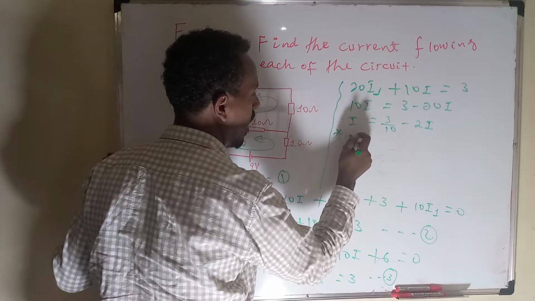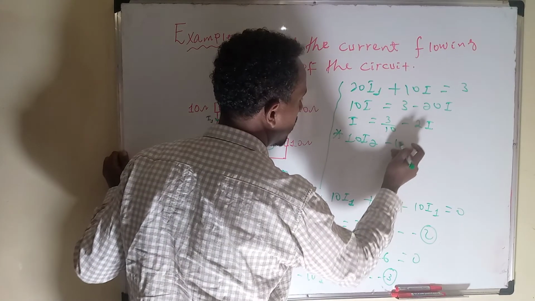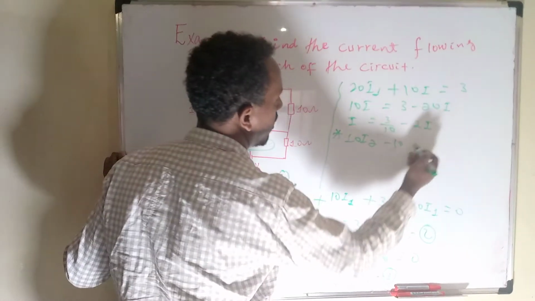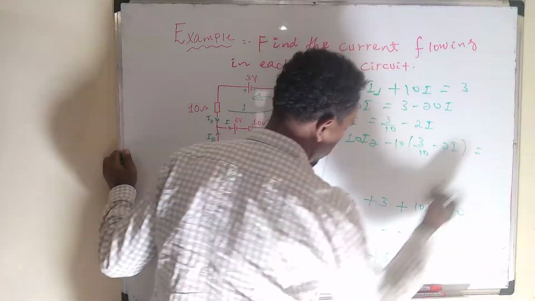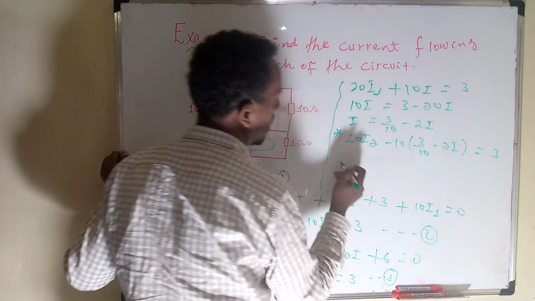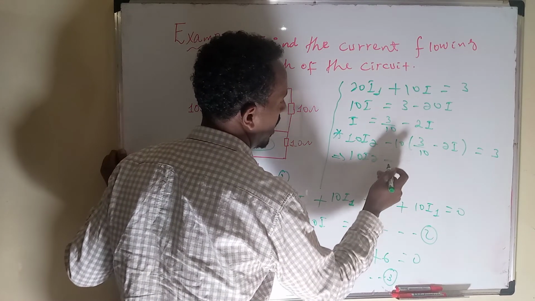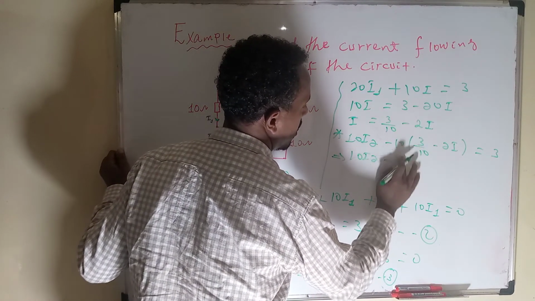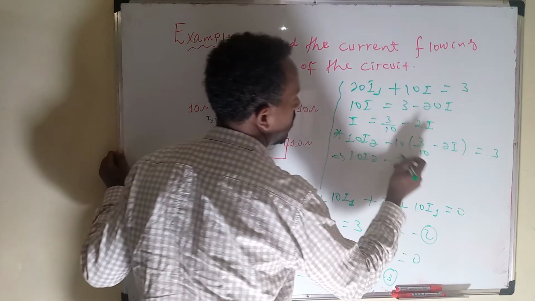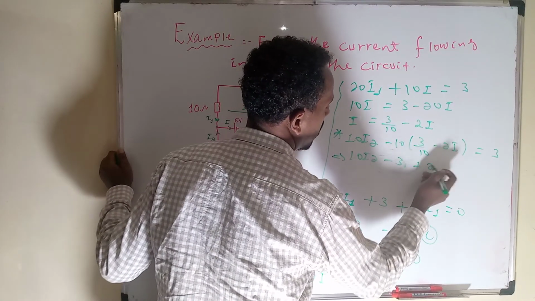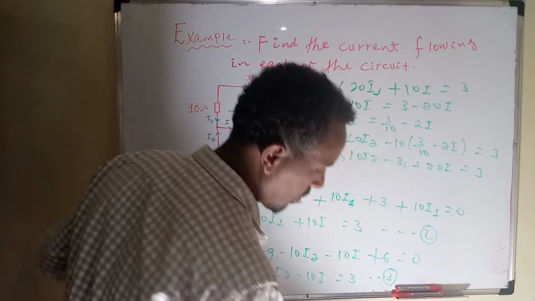Therefore 10I2, minus 10 instead of I, substitute 3 over 10 minus 2I, which is equals to 3. So this is 10I2 minus 30, 10 cancelled by 10, 3 minus 10 minus 2 plus 20I which is equals to 3.